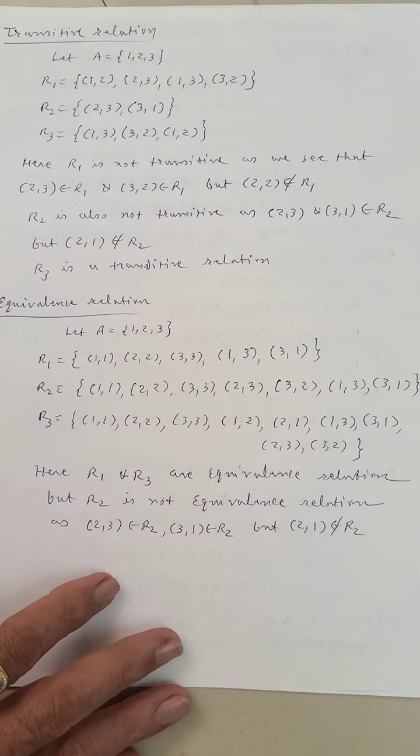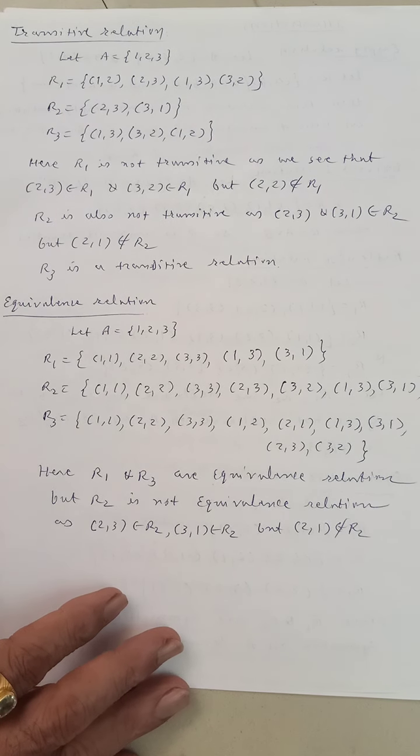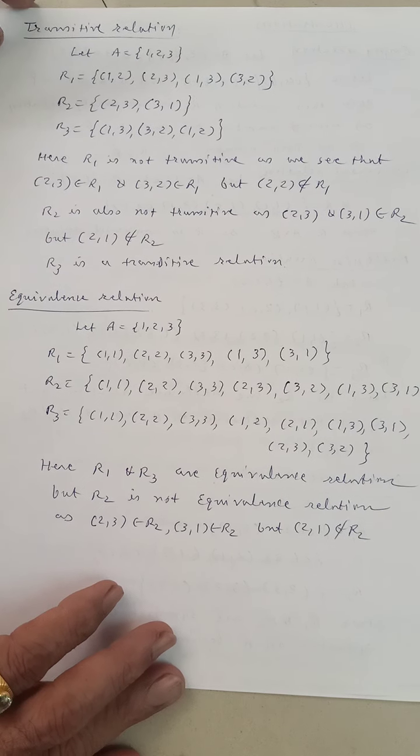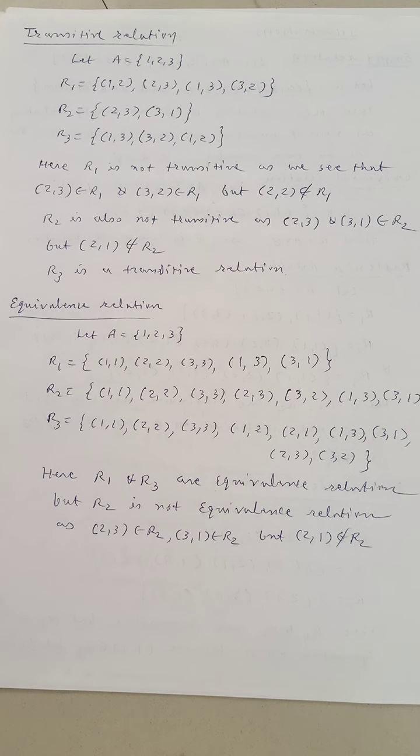Now we think about transitive relation. Now in transitive relation, you try to remember the definition we gave: if the ordered pair (A, B) is in relation R and the ordered pair (B, C) is in relation R, and at the same time, by dropping B, the pair (A, C) is also in R, then we call it a transitive relation.